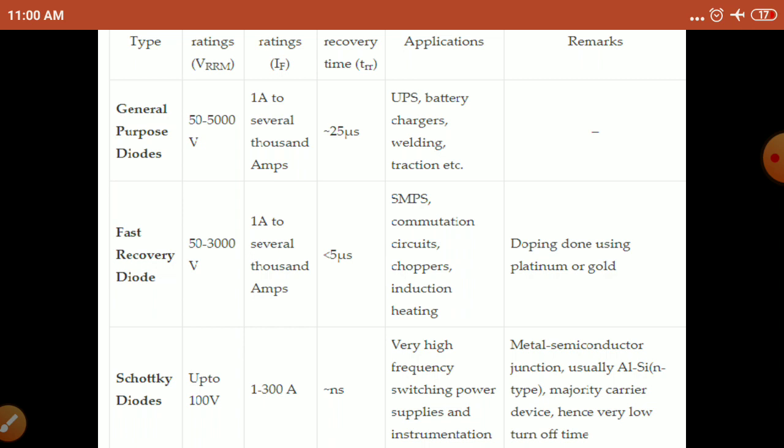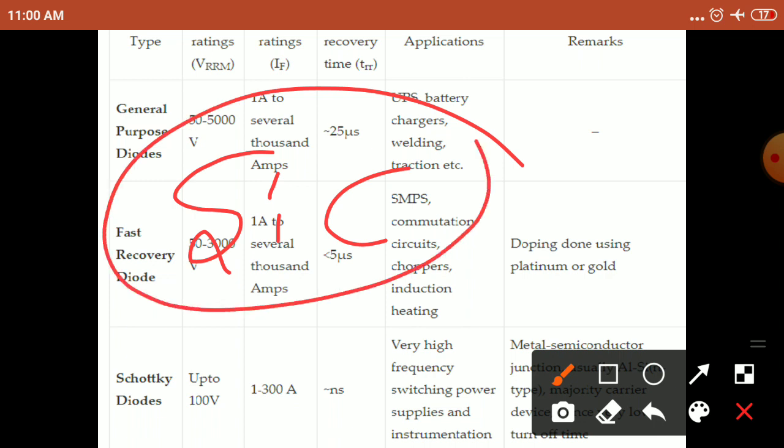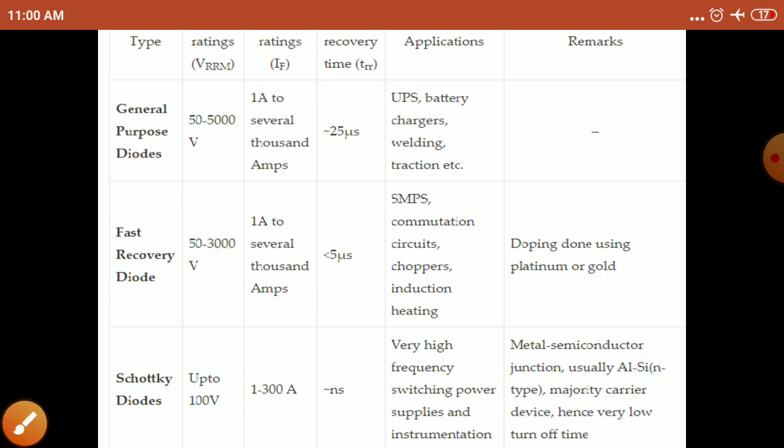So among power diodes, there are the general purpose, Schottky, and so on. After that, SiC is nothing but silicon carbide diodes. Silicon carbide material is used to improve the voltage and current ratings. Such diodes are also used as power diodes.